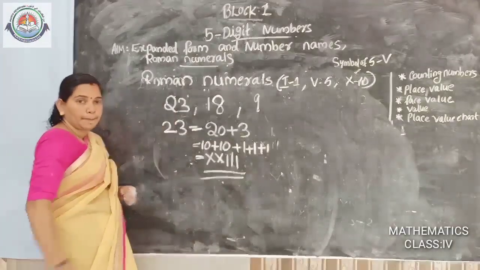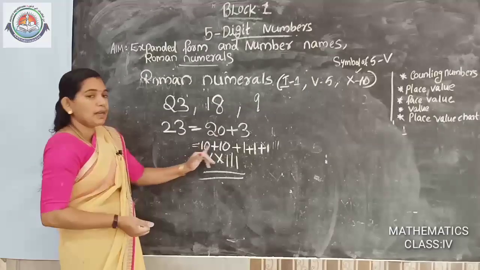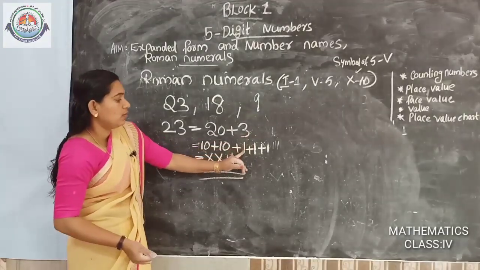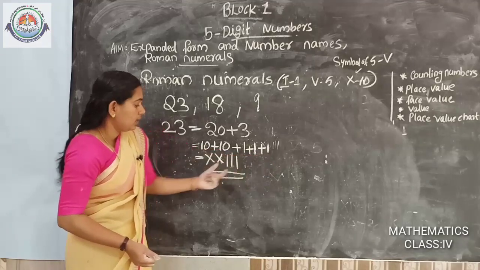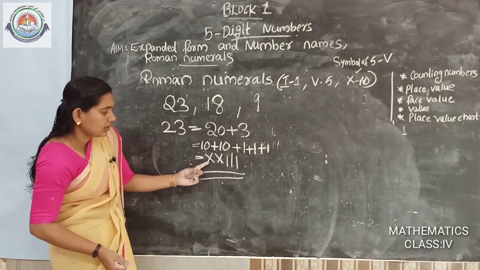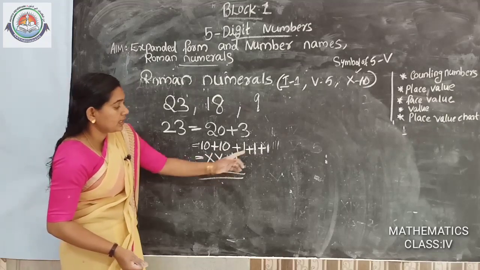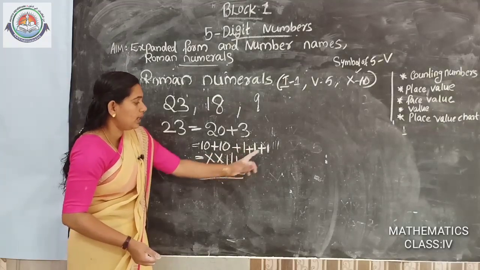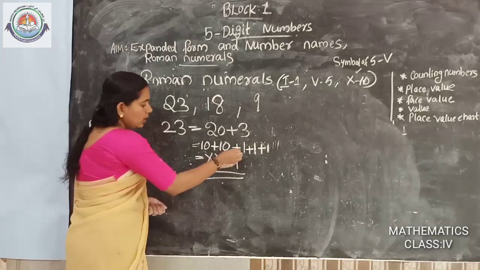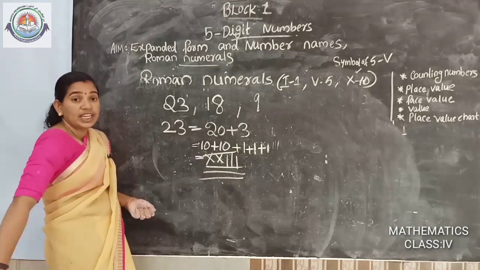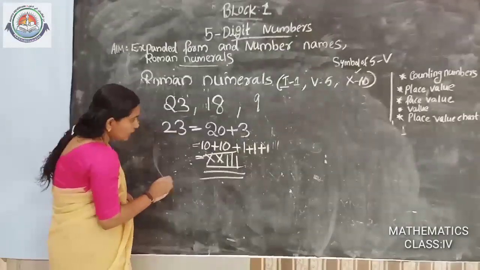Got it? 20 we can write 10 plus 10. Then 3 we write 1 plus 1 plus 1. So the symbol of 10 is this, again 10, symbol this, 1, 1, 1. This is the symbol of 23.